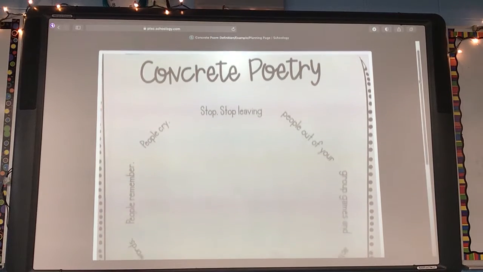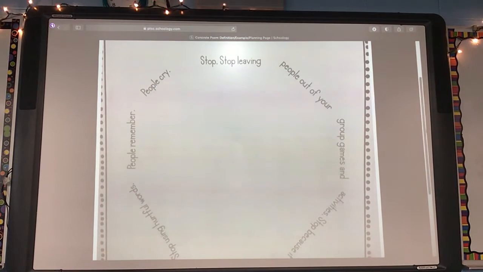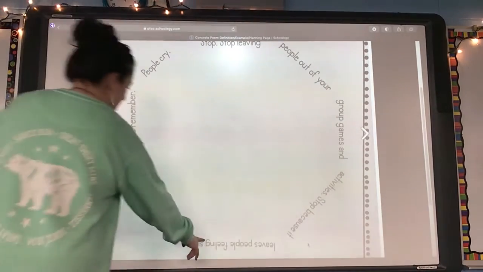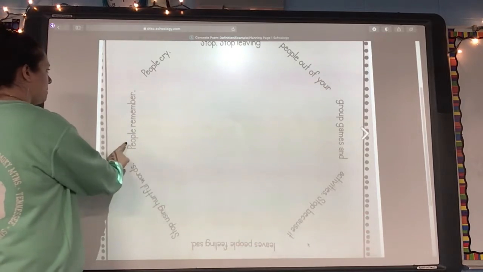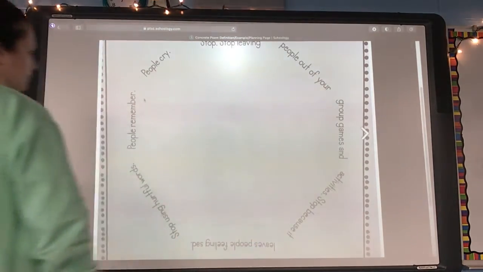Here is one example. It says, stop leaving people out of your group games and activities. Stop because it leaves people feeling sad. Stop using hurtful words. People remember. People cry. Stop.